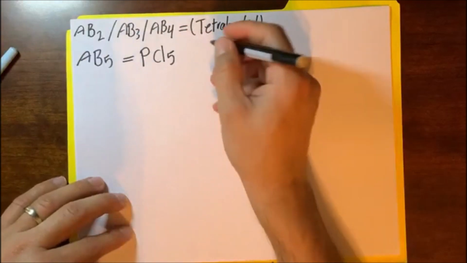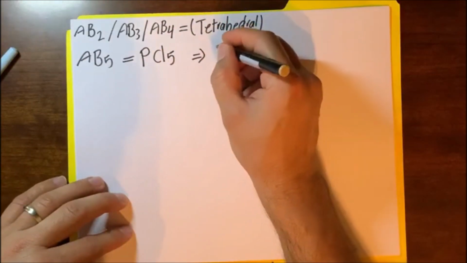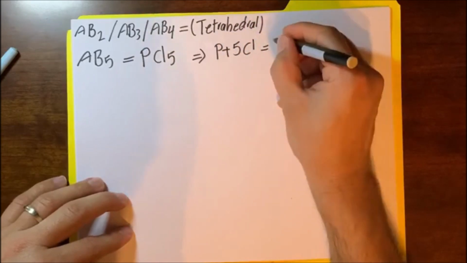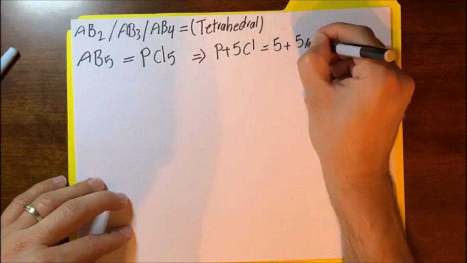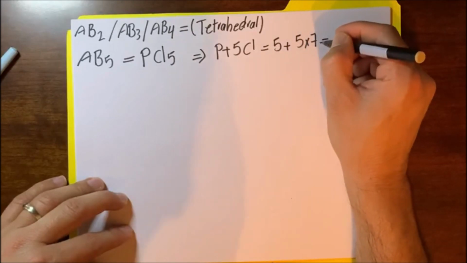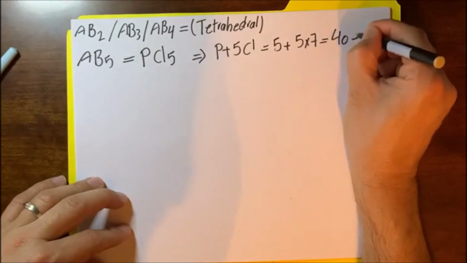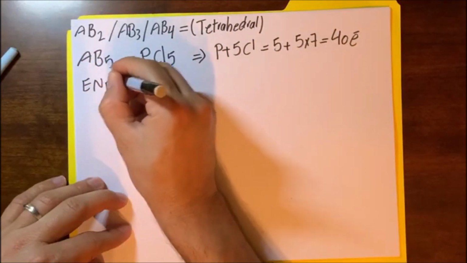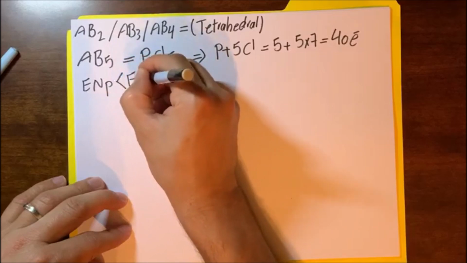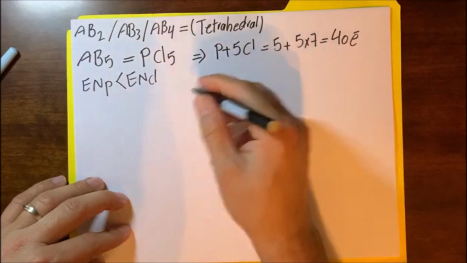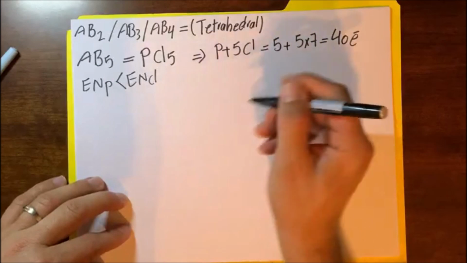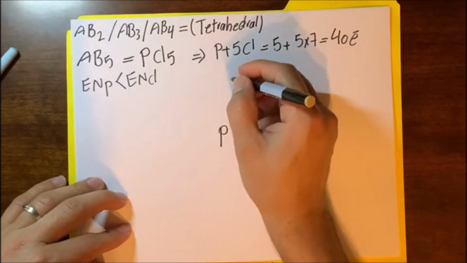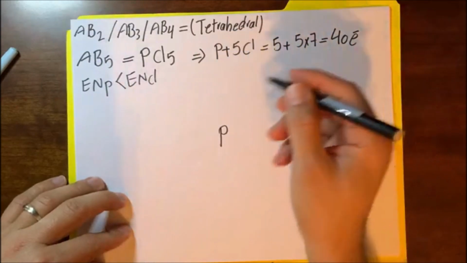Okay. Let's calculate valence electrons. We have 1 phosphorus plus 5 chlorines, so 5 plus 5 multiplied by 7. We have 40 electrons. Electronegativity of phosphorus is less than electronegativity of chlorine, so phosphorus is the central atom. You go phosphorus, and you have 5 chlorines.